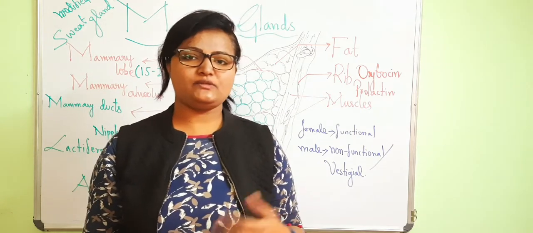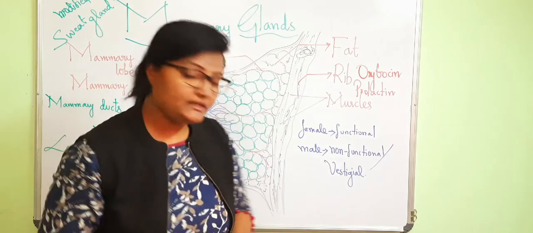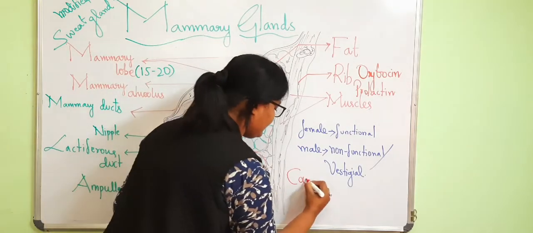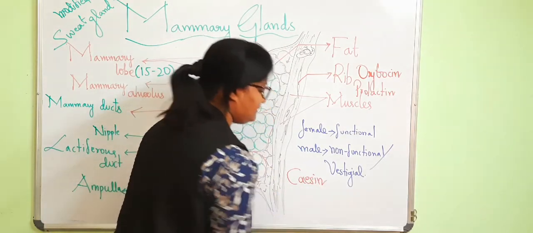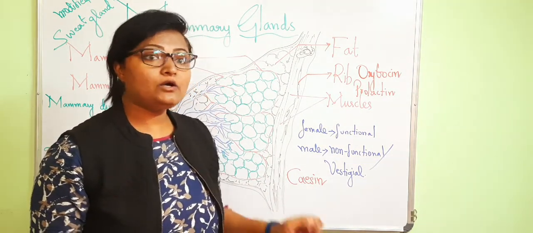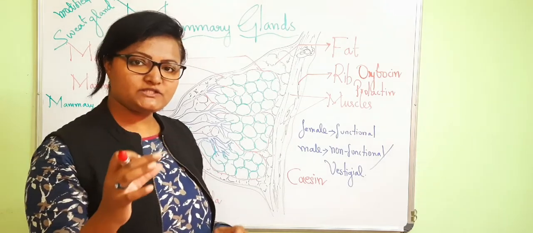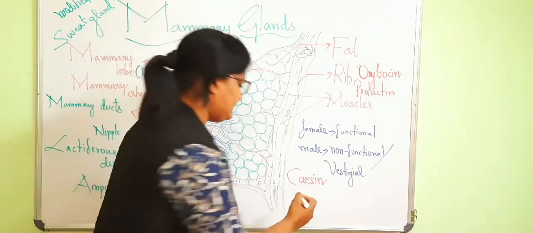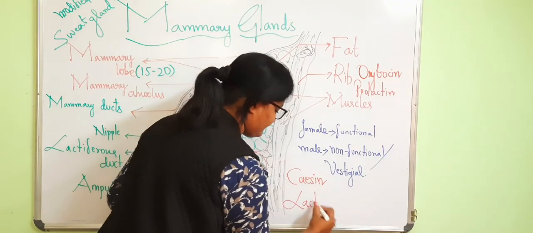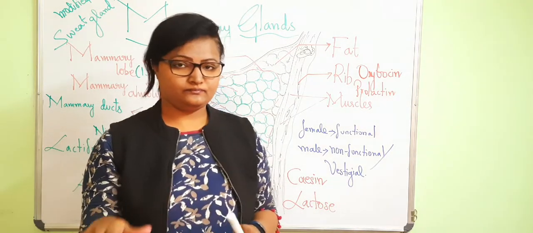Along with these minerals, there is a milk protein called casein, as well as the sugar present in milk, that is lactose, along with the water.